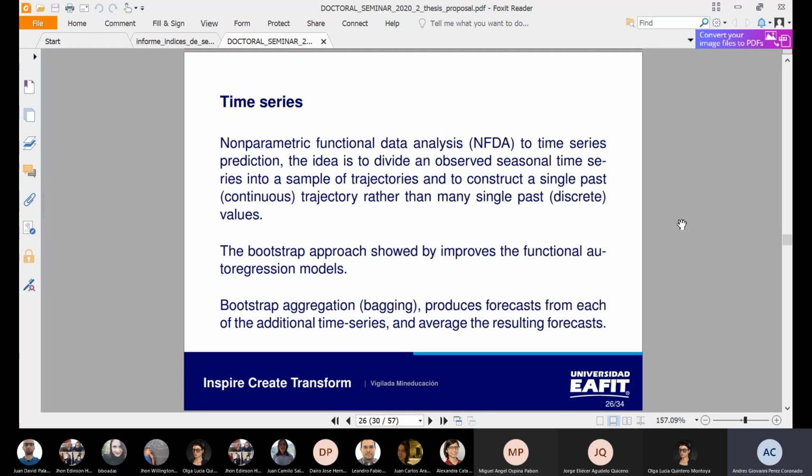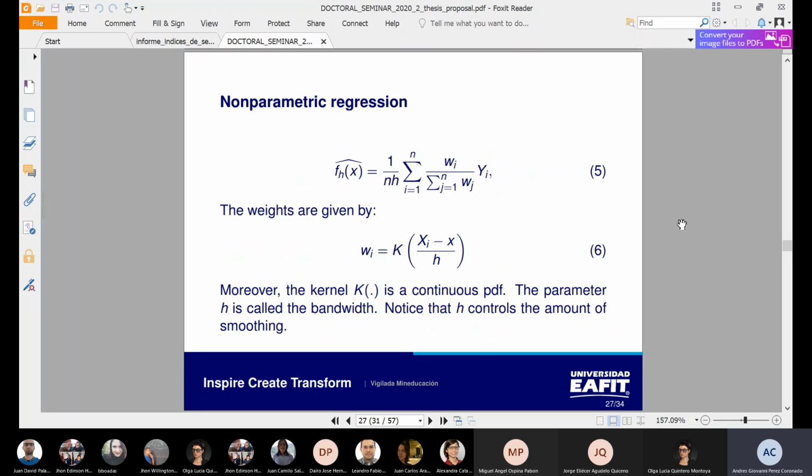We are exploring non-parametric functional data analysis, where in functional data we can make a lot of functions to find the better option. We try to use bootstrap aggregation, or bagging, to do that, and non-parametric regression that uses a kernel, a continuous probability distribution function.